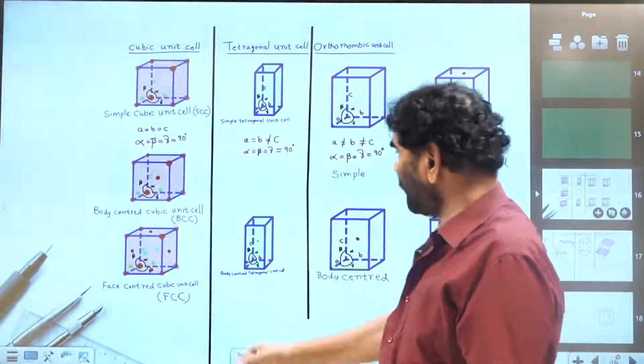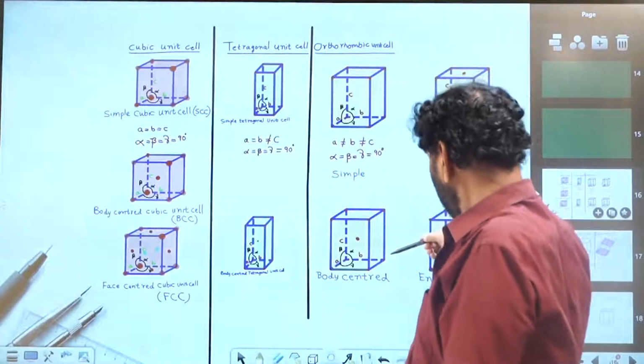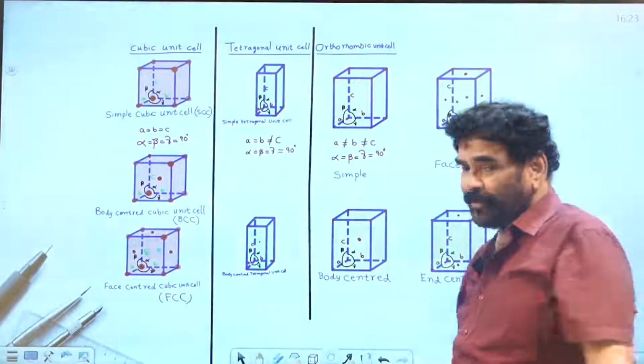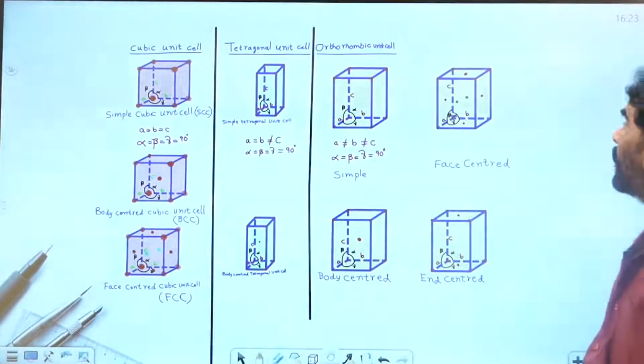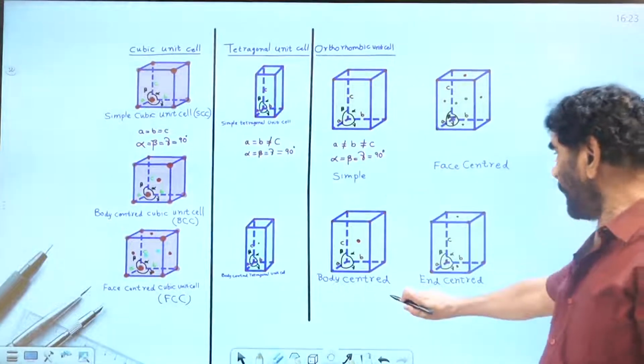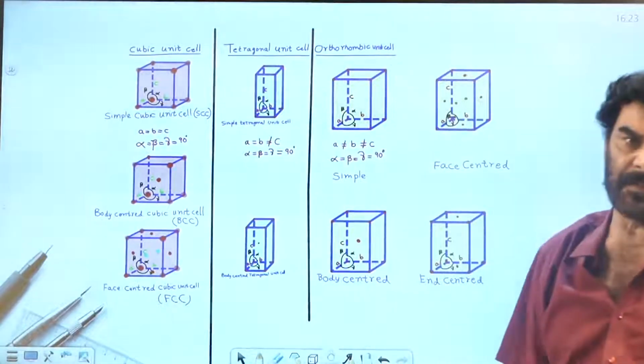Here 3 types, here 2 types, and here 4 types are possible. So primitive, body-centered, face-centered and end-centered orthorhombic unit cells are possible.